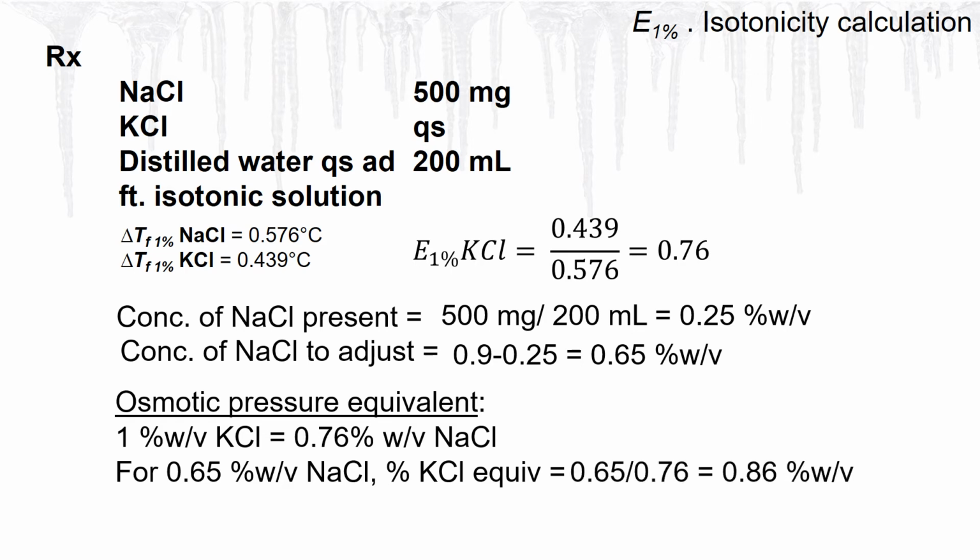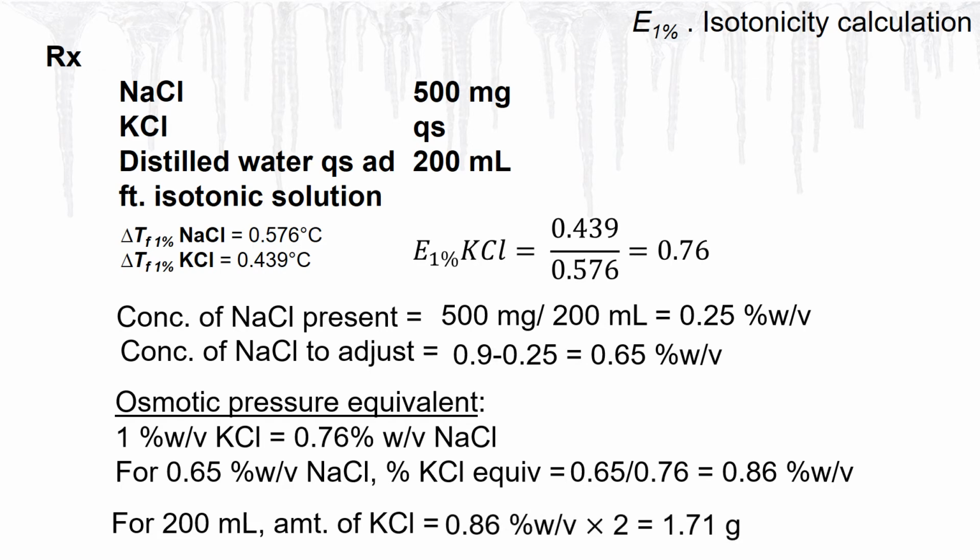We just take the ratio and you find the value is 0.86%. So for 200 ml, the amount of potassium chloride needed is 1.71 grams. In total, you need 500 mg of sodium chloride and 1.71 grams of potassium chloride to make 200 ml of solution isotonic.